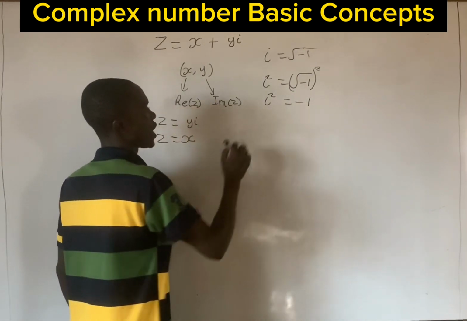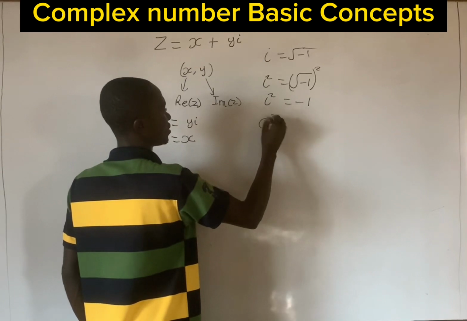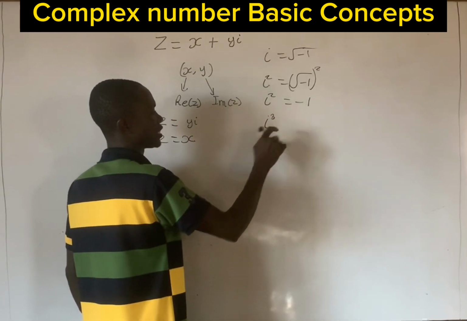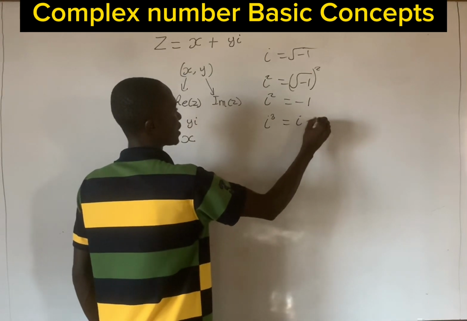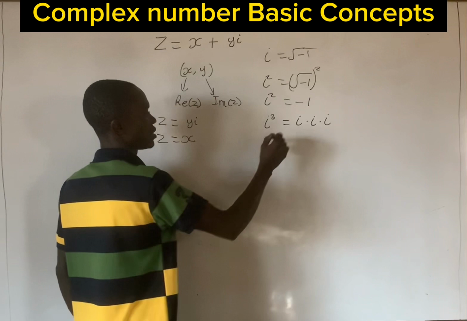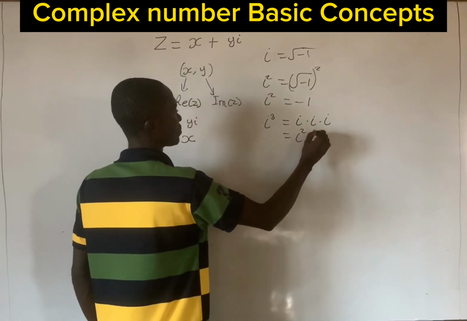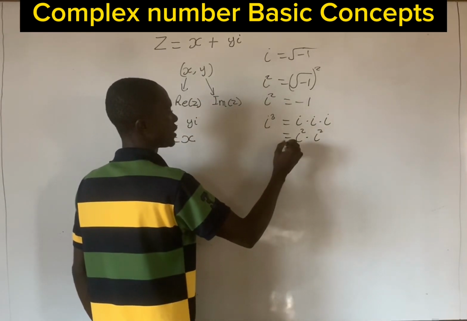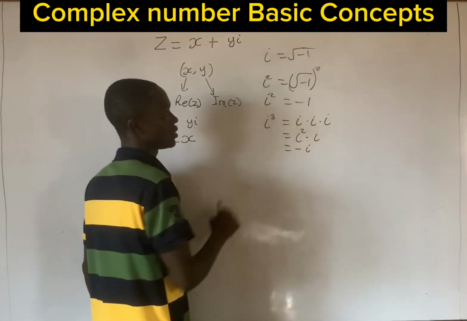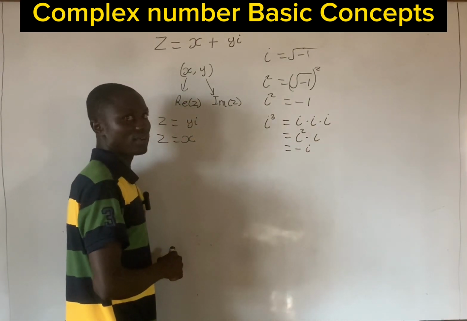Now, what about i power 3? i power 3 is simply i times i times i, that is, i multiplied by itself 3 times. And we have i squared times i. But i squared is negative 1 times i, so i power 3 is negative i.